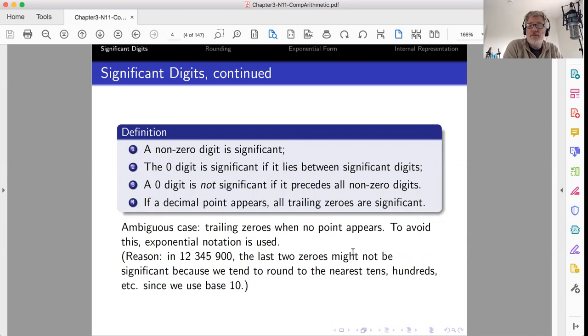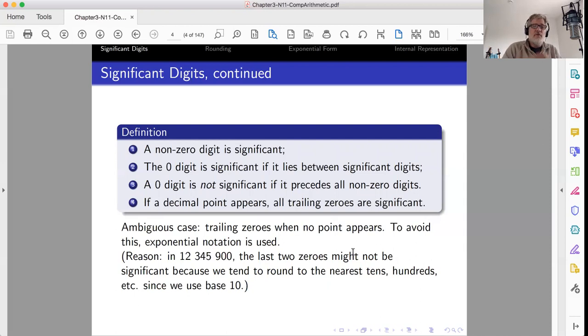Think of 0.0 grams; that's a good example to keep in mind. Now there's an ambiguous case, which is the remaining case: if there is no decimal point and there are trailing zeros, are these significant or not? Well, we won't bother with that. If you're using exponential notation, this is impossible. It's not going to appear, so we won't care about that.